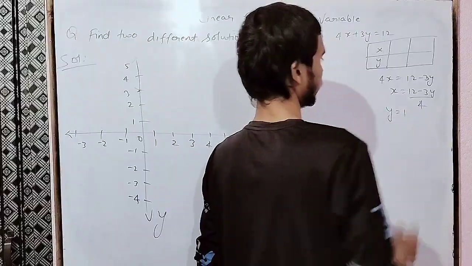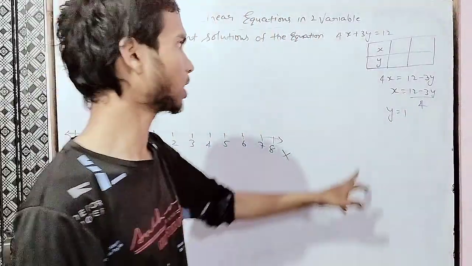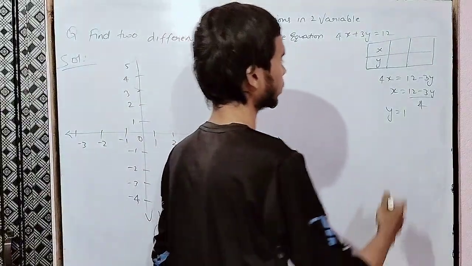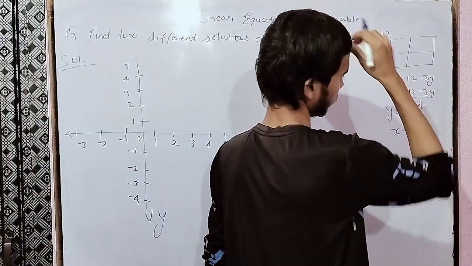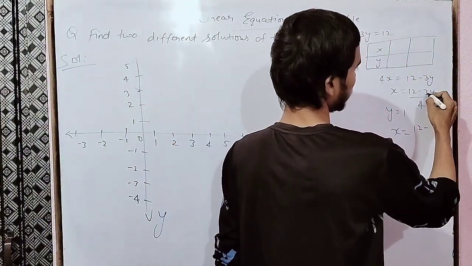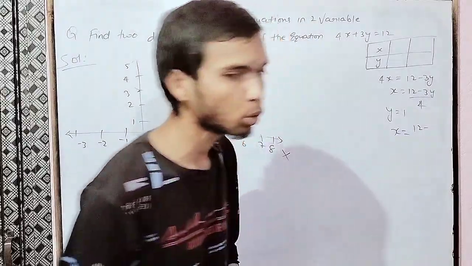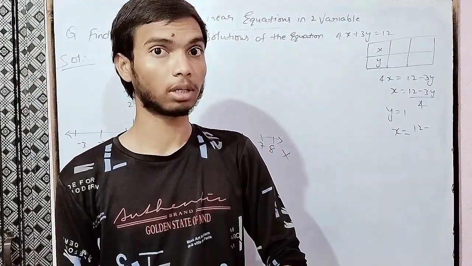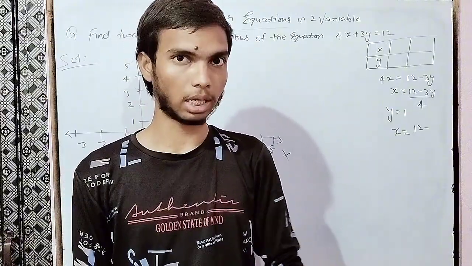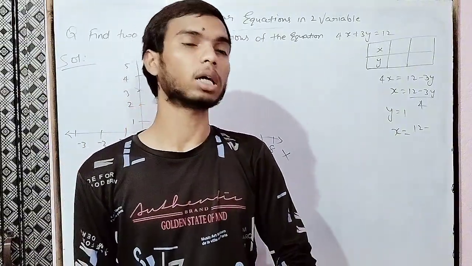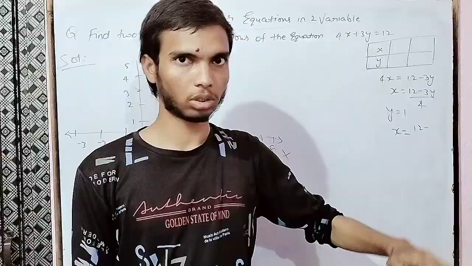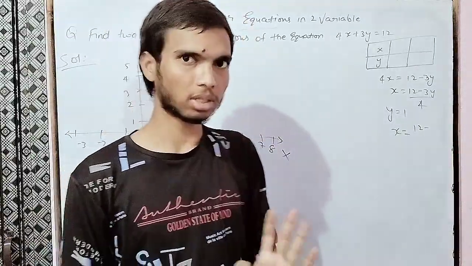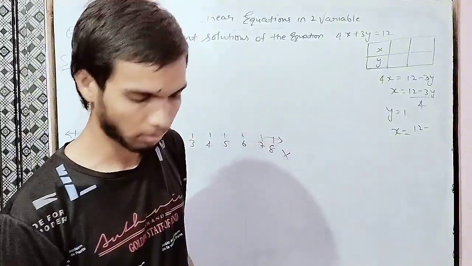Now, when we put 1 in place of y, then what will x be? So here, 12 minus 3. If you don't want a fraction, if a fraction is coming as x, then you can move ahead. You can take the next number. You can skip that number, that fraction.